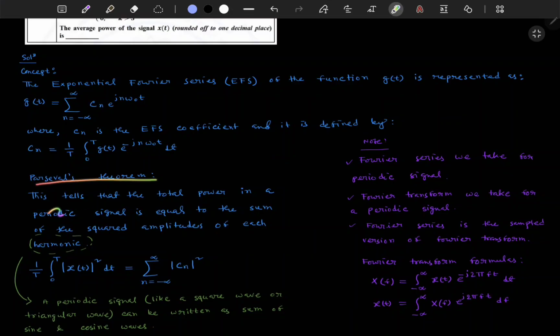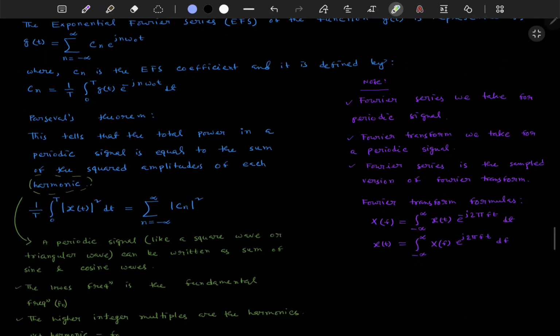Parseval's theorem tells us that the total power in a periodic signal is equal to the sum of the squared amplitudes of each harmonic. So that is 1 by T times the integral from 0 to T of mod x(t) squared dt, which equals the summation of n from minus infinity to infinity of mod c_n squared.